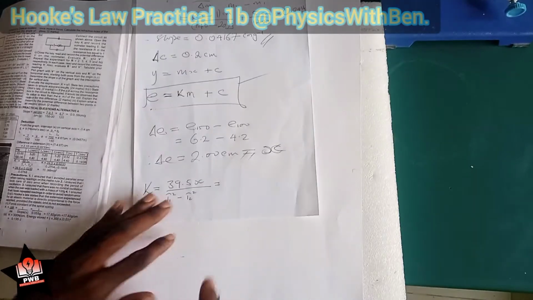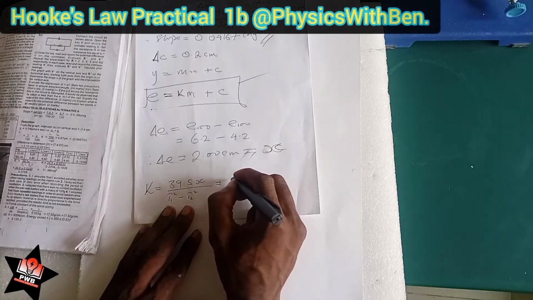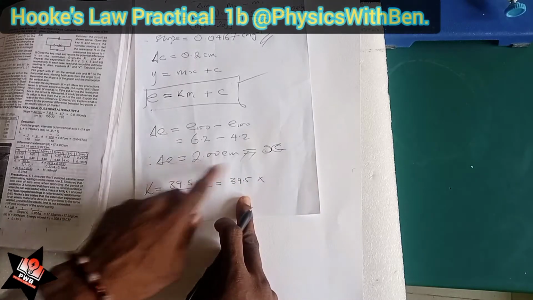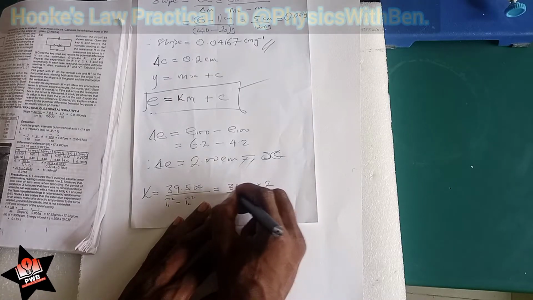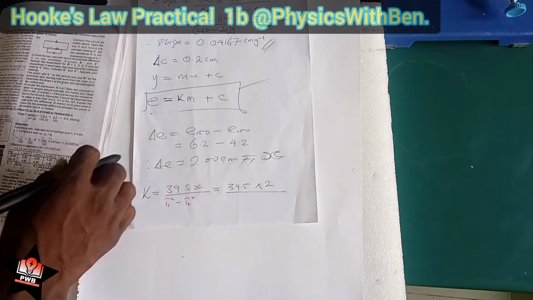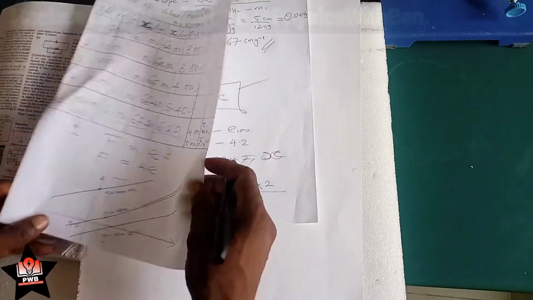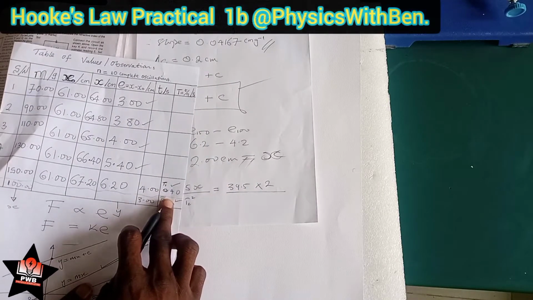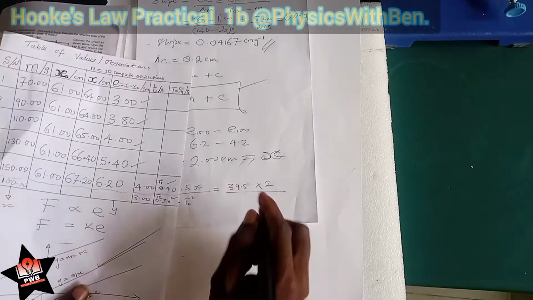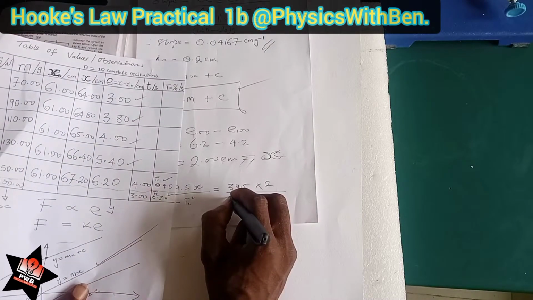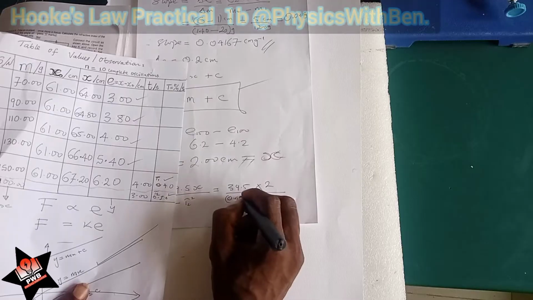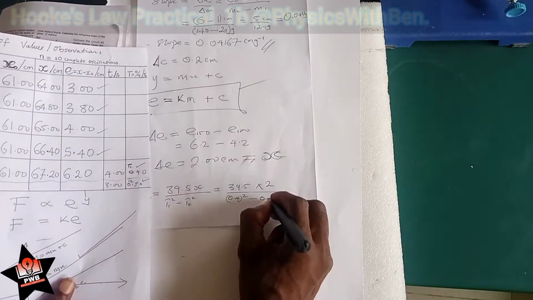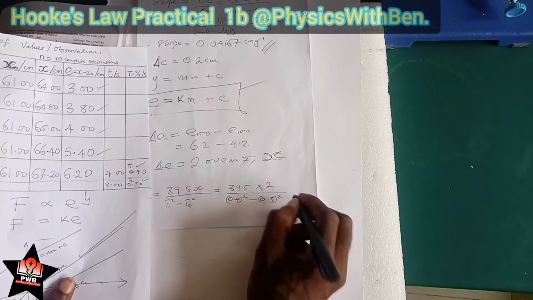Good. So this is very simple. This is the same thing as 39.5 times 2, which is our X, times 2 divided by our T1. Our T1 is 0.4. So we'll have 0.4 square minus 0.3 square.